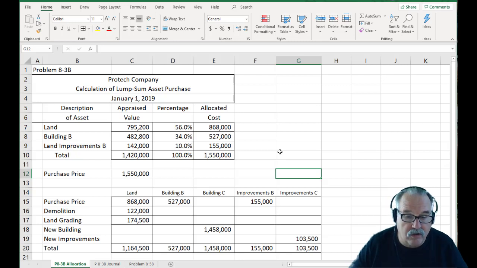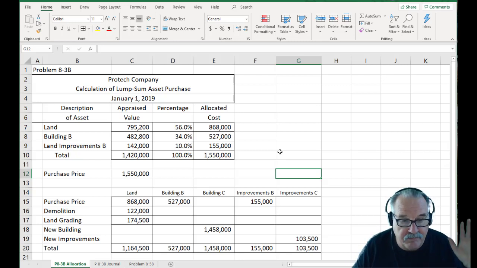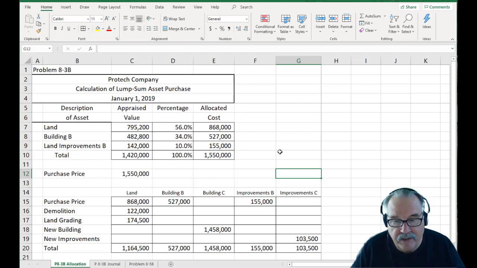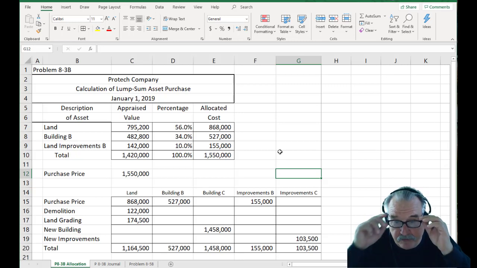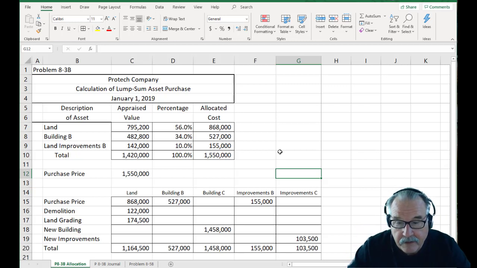So our total cost now for the land is $1,164,000. The building B stayed at $527 from our allocation. Building C, we spent $1,458,000 to build this building. Improvements B came down from the allocation, and then we also spent some money on the new building, building C.